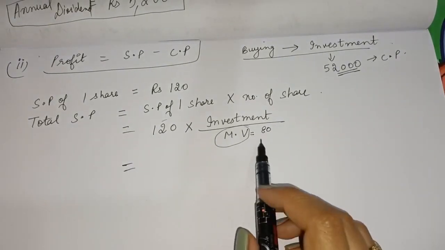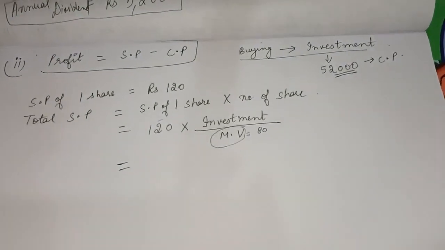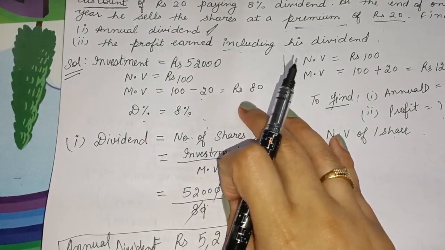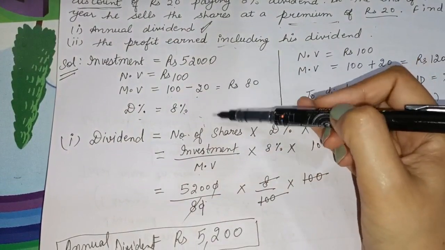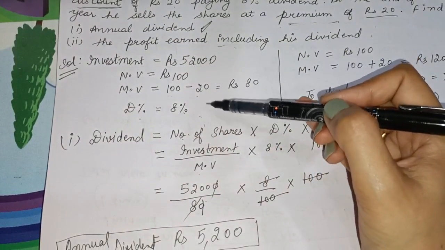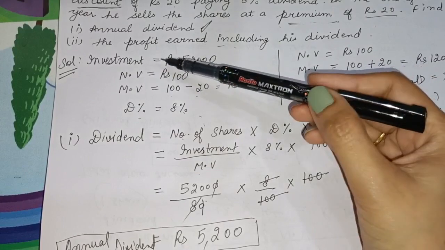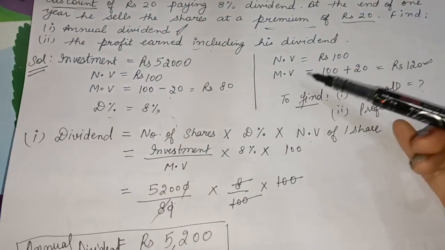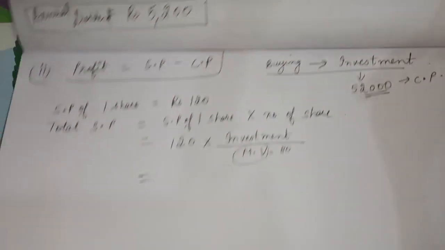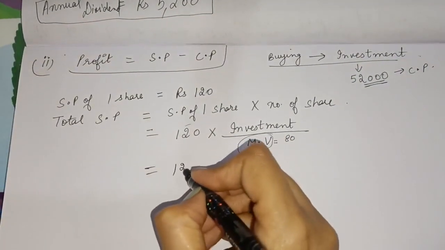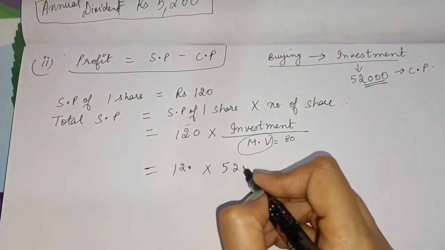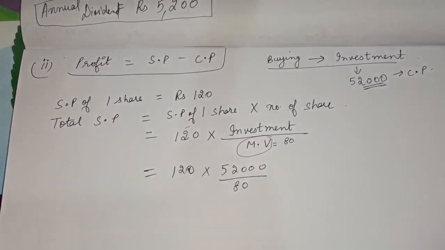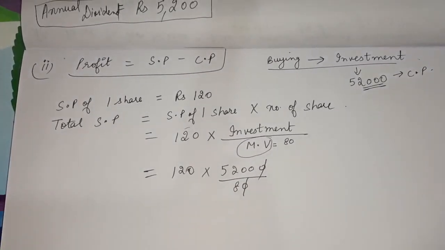Don't use 120 here, because in the first case the shares were being bought. So from here only we have to find the number of shares. So number of shares will be investment upon MV, not this MV, because that MV is the selling price. So 120 into 52,000, because investment was 52,000, by 80. So we can solve it.